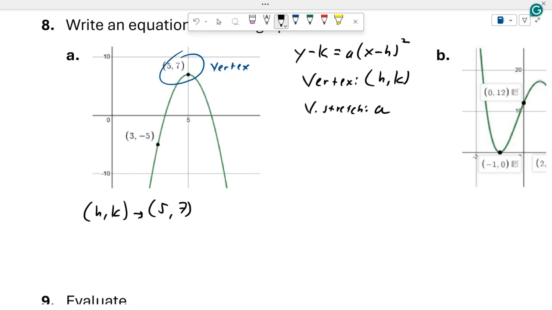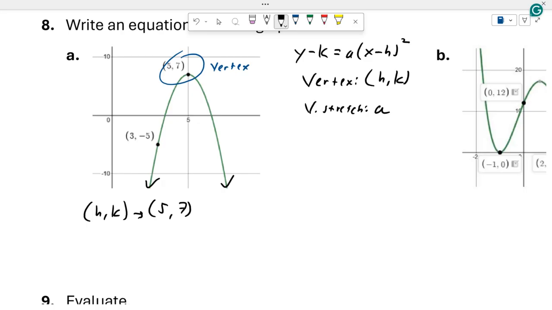Now, here's where knowing some of the general characteristics of a parabola can be helpful. First of all, we need to recognize that this is an upside down parabola, right? It's going down, everyone can see that.